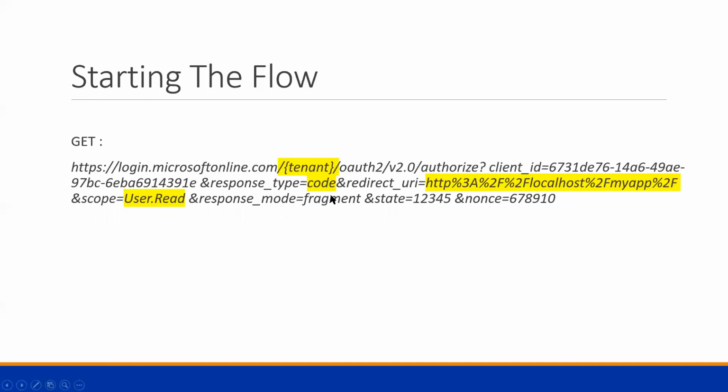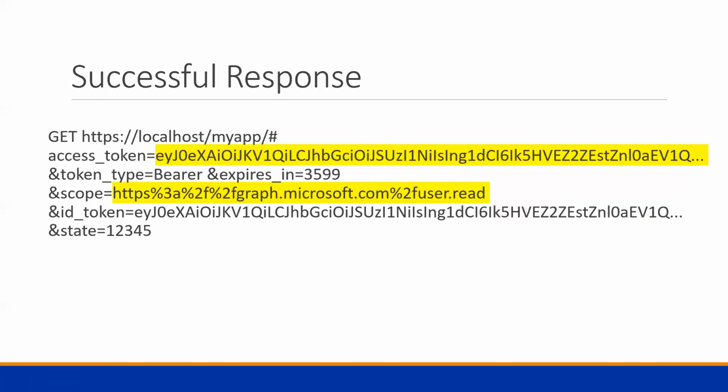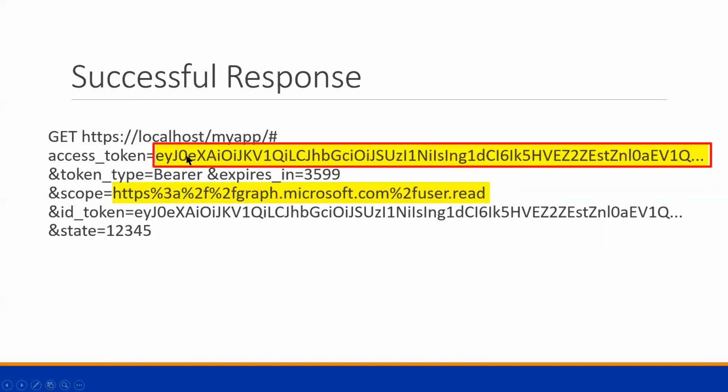Once it is sent to the authorization server, the authorization server takes all these parameters and checks the username and password. Once the username and password are checked using these parameters, it sends a successful response. In the response, it sends back the code, and it also sends the scope.